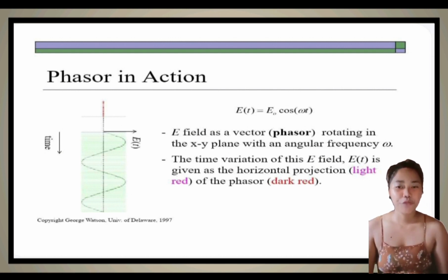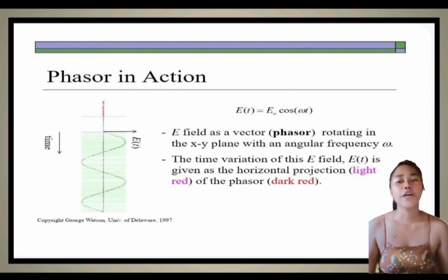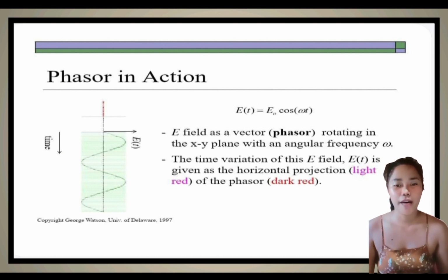If the electric field is rotating in the x and y plane, the angle phi will be changing with time. The rotation of the phasor corresponds to the oscillation of the electric field in the x and y plane. To express the time dependence, you can use Euler's formula. This allows you to work with complex numbers and phasors.